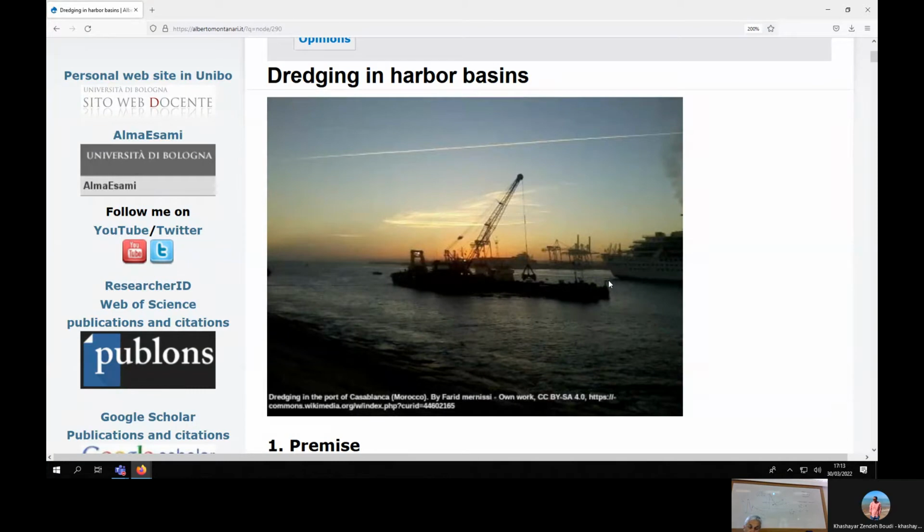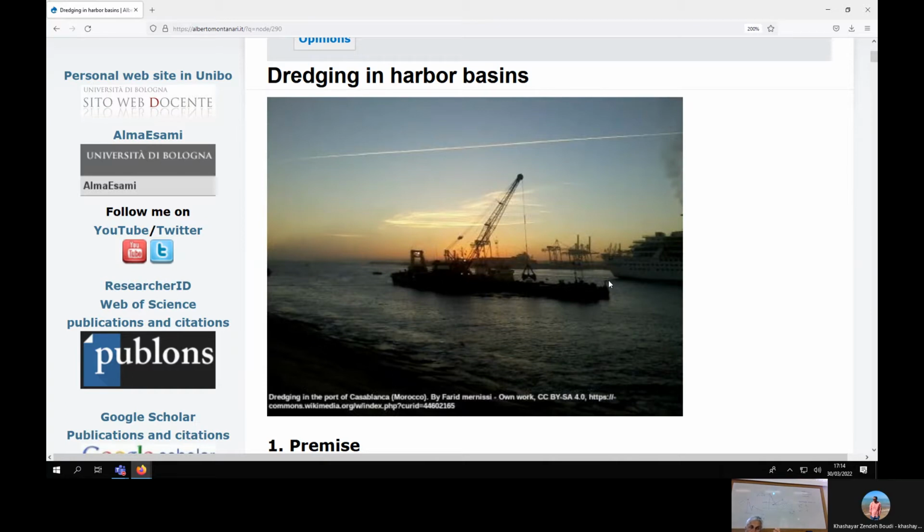Also keep into account that there are several harbors located at the estuaries of rivers. This is a typical situation because it is an ideal place to build a harbor, but the river also delivers sediments. And again, the harbor is protected from currents and waves.